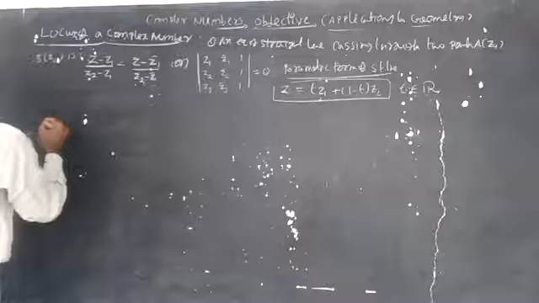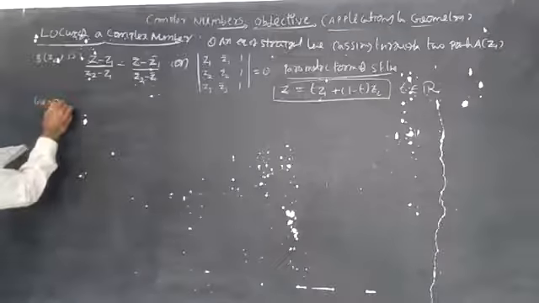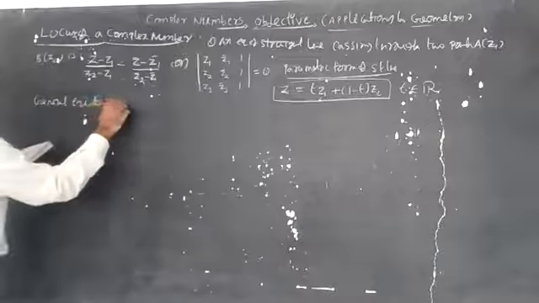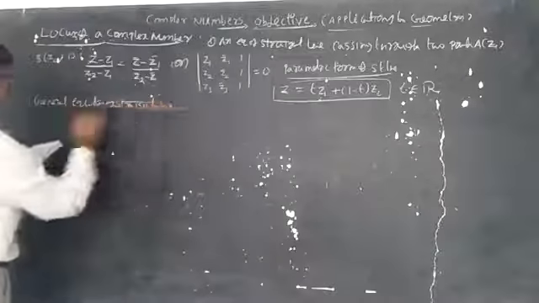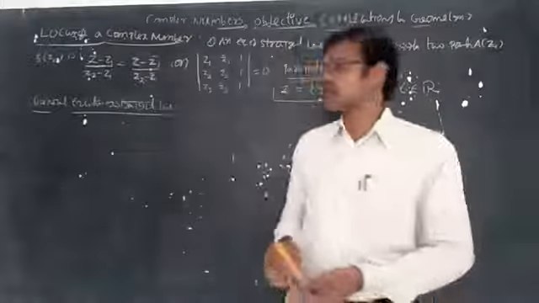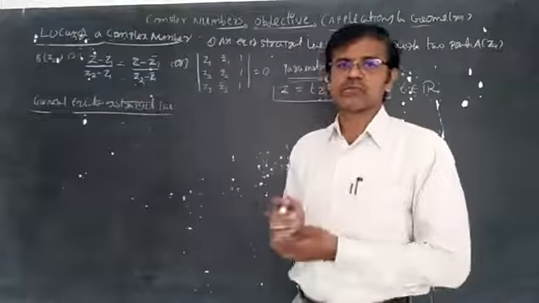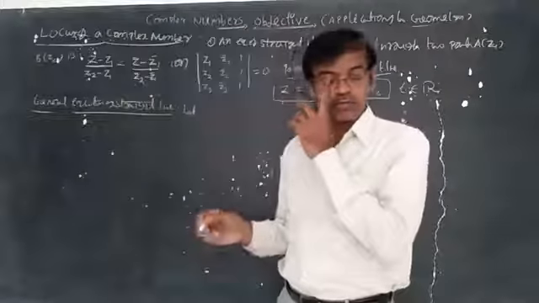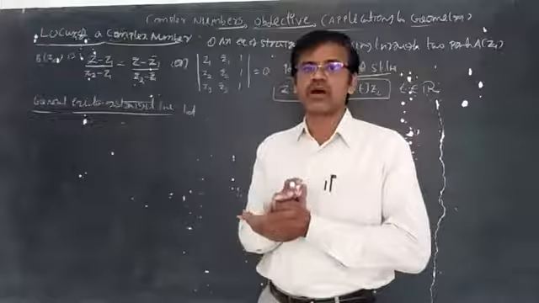Now write the general equation of a straight line. Let us calculate using the general equation of a straight line, which is in the form Lx plus My plus N. Of course, we can think of Ax plus By plus C equal to 0 also, but here the letters A and B are used in another way.